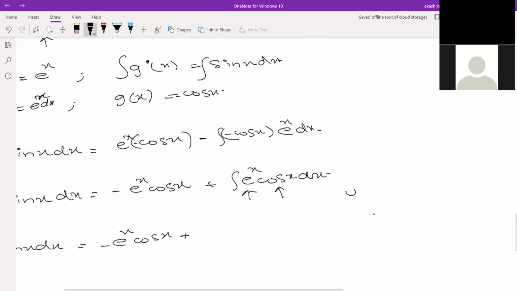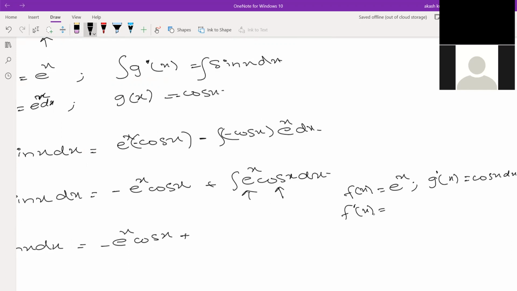Let's take f of x as e^x and g dash of x as cosine x dx. So f dash of x becomes e^x dx, and the integral of g dash of x becomes g of x equals sine x. Is it clear?